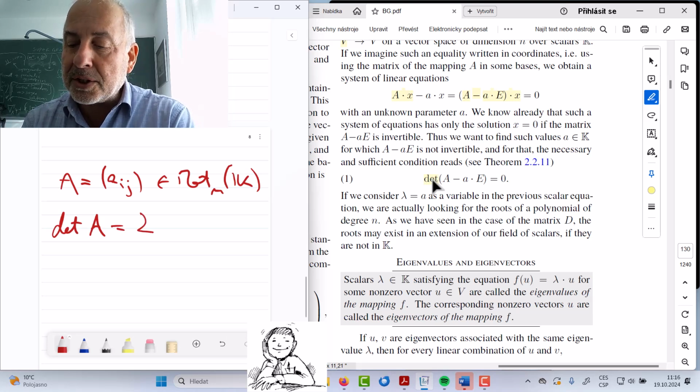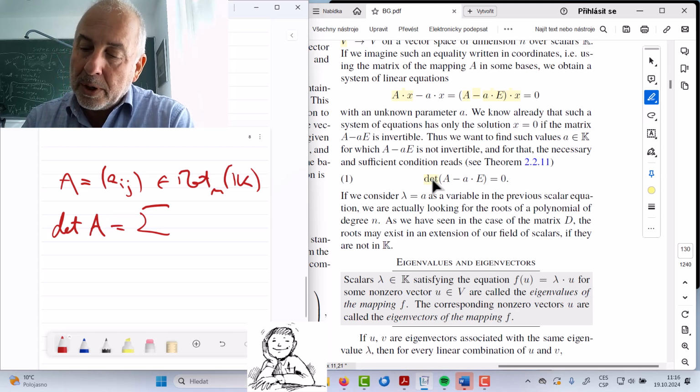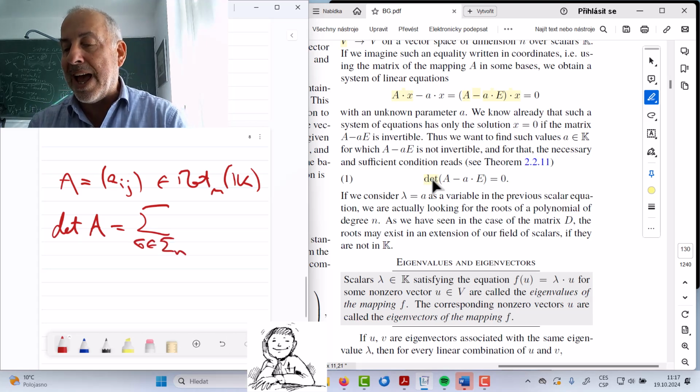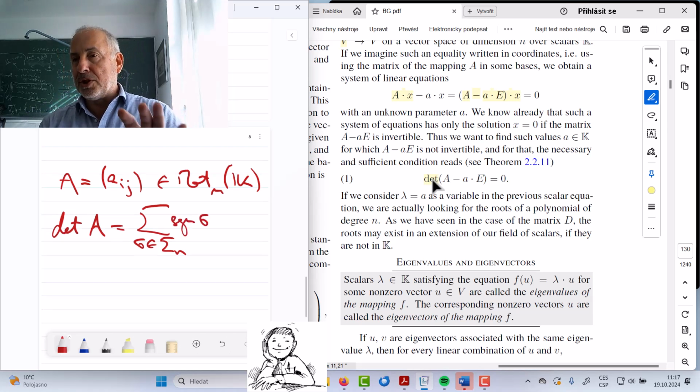You just make the sum over all permutations sigma from the permutations on n letters. Here will be the signum of sigma, that says what's the sign of the permutation. So each transposition of two elements is giving you another -1 in computing the sign.